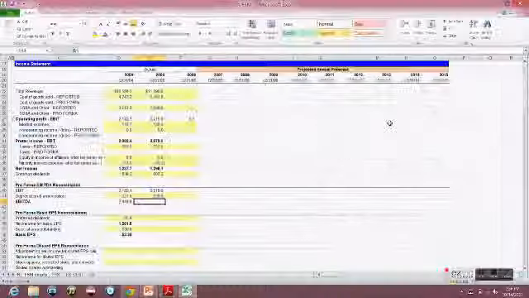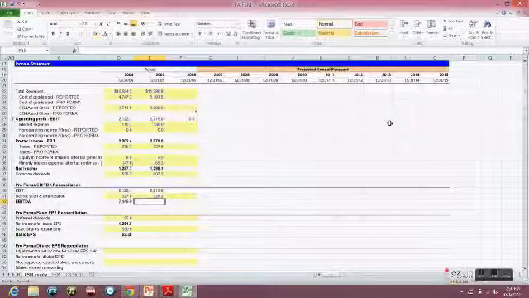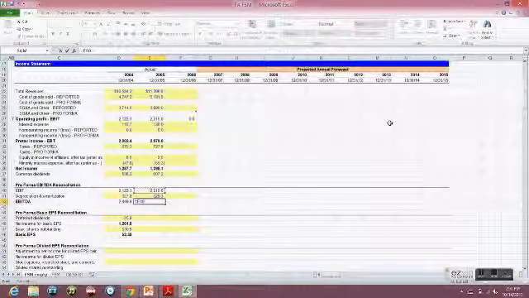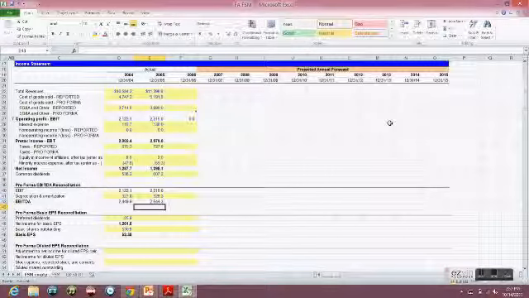Let me just double check. 329.3, yes. And then we're going to get our EBITDA. How do we get our EBITDA? Well, we went over this. Earnings before interest, tax, depreciation, and amortization. That's easy. We're just going to take our EBIT and add back our depreciation and amortization.